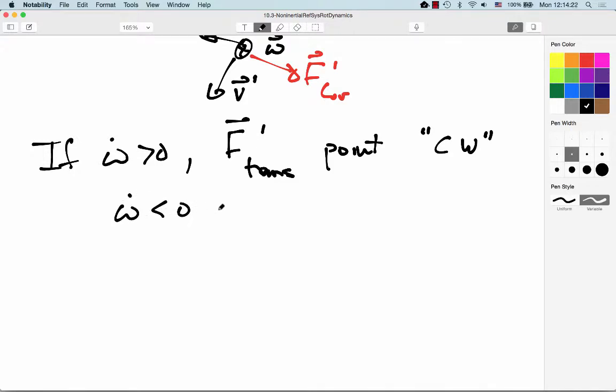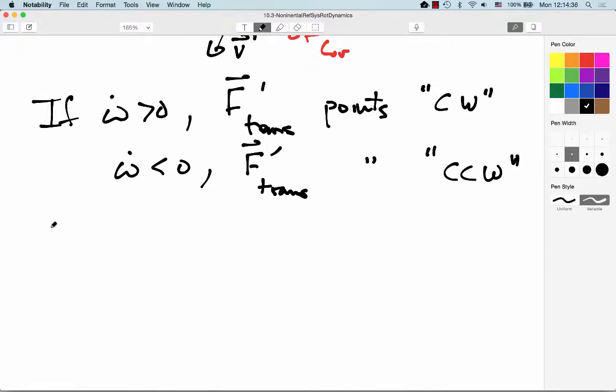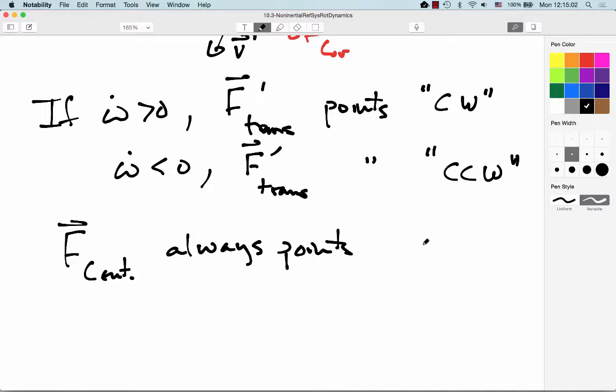And likewise, if it's negative, the transverse force points in the counterclockwise-y kind of way. No matter what, the centrifugal force always points outward.